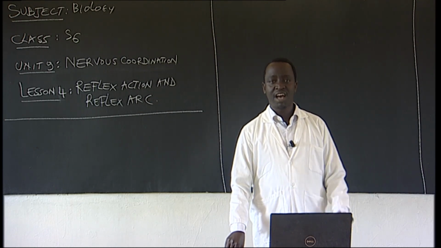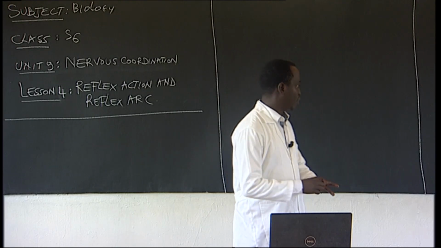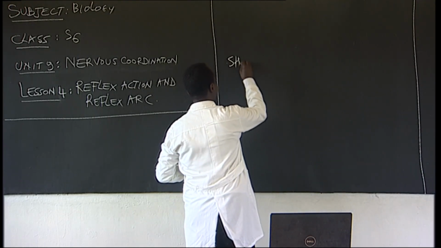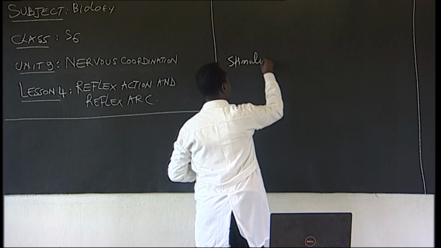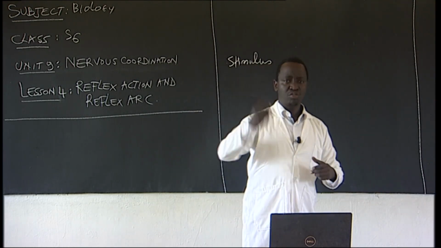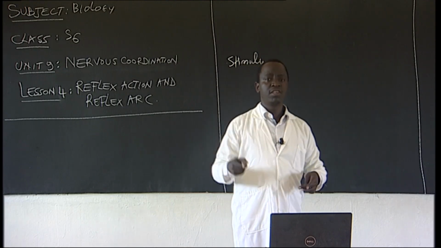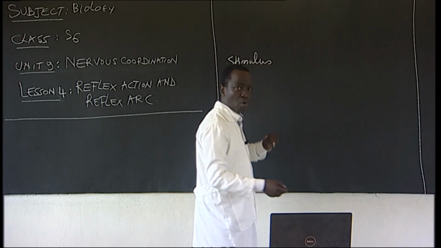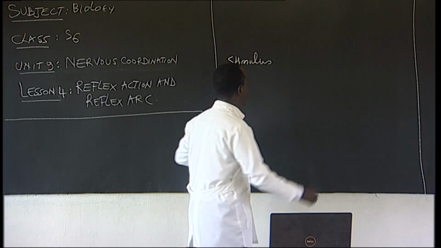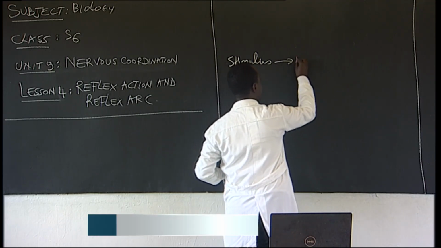So, first of all, we have this stimulus, because any response, any instruction happens because there was a stimulus that caused the generation of the response. This is going to be received by what we call receptors.